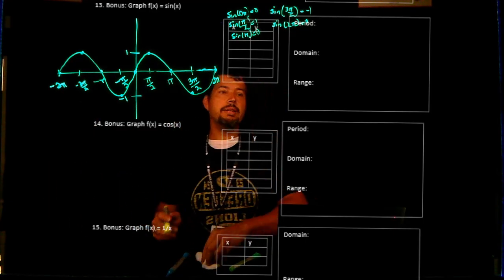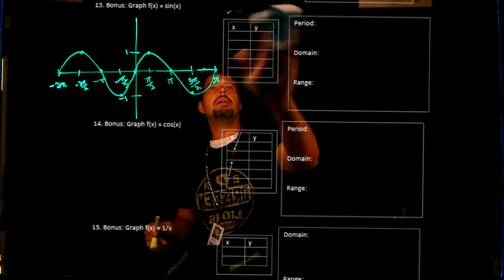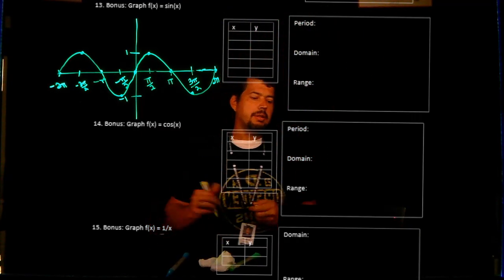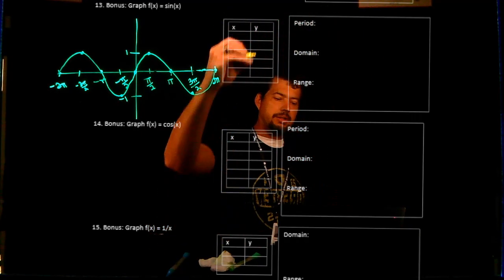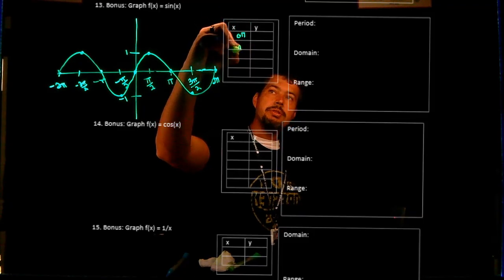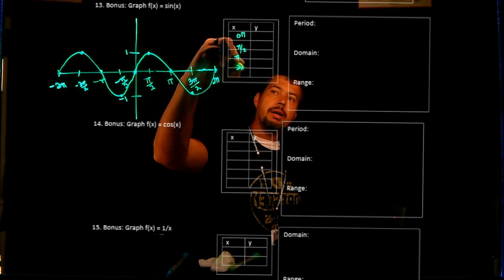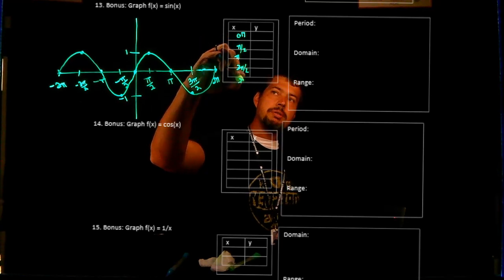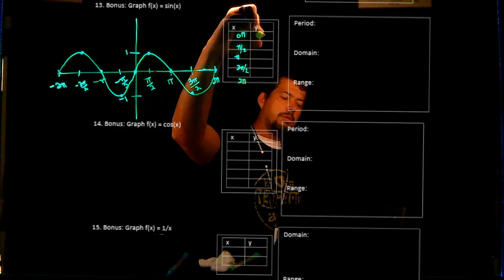Now, what did I feed this thing? Well, I made the table there. I didn't actually put it there. But I started with a 0 pi. I went to pi over 2. I went to pi. I went to 3 pi over 2. Then I went to twice pi. 0 pi had a y value of 0.